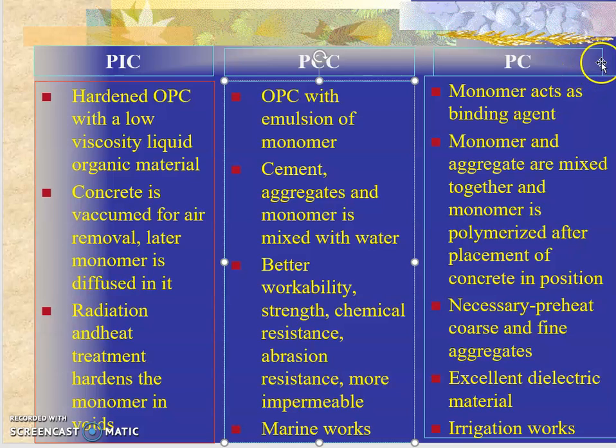What do you mean by negative thermal coefficient? Materials with negative thermal coefficients can be used as heat insulators. Okay, and dielectric materials are used as heat insulators as well as electric insulators. Okay, they find a lot of use in irrigation areas.